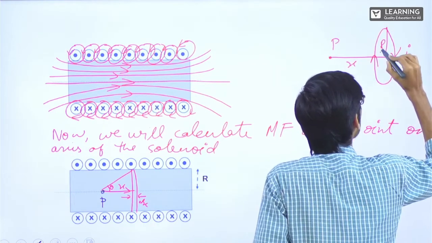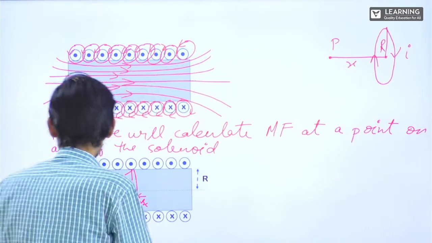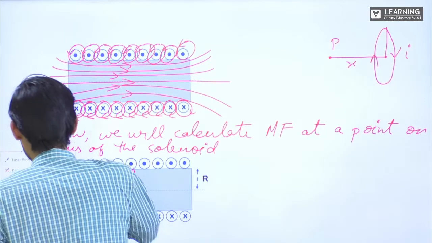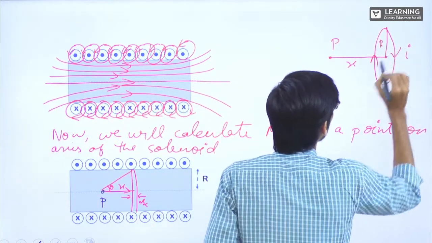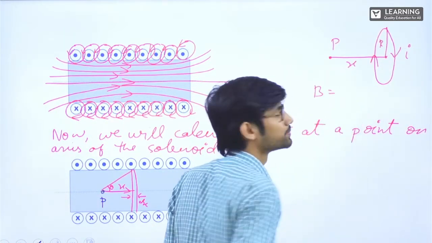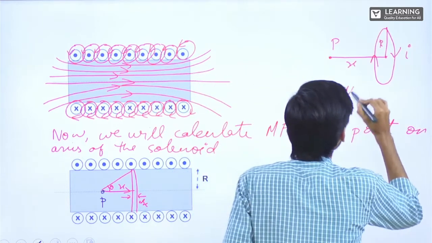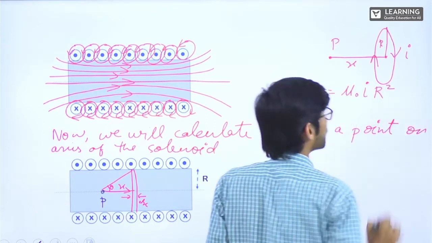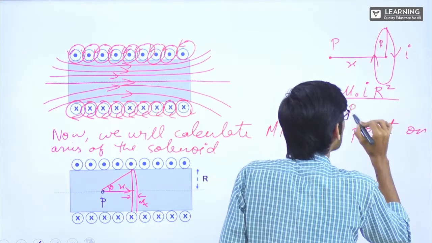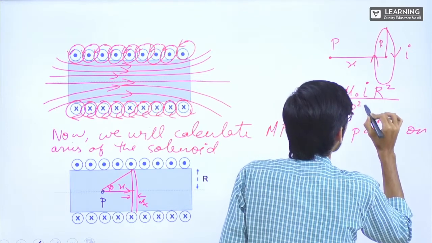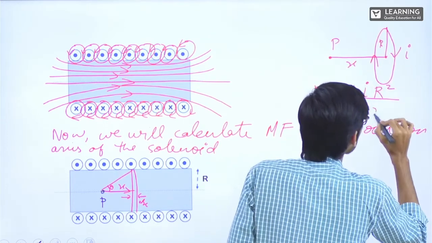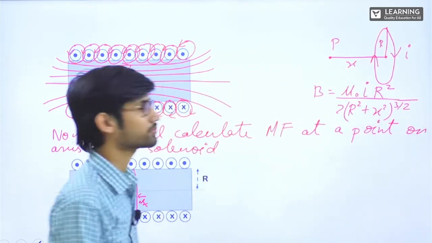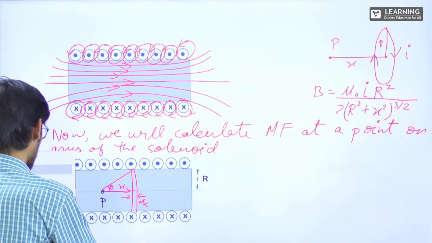Last to last session, the proper formula we have derived. What was the formula for the magnetic field? B is equal to mu naught into the current in the ring into the radius square, divided by 2 times (r square plus this distance square) power 3 by 2. Right, yes or no? I hope you remember this.